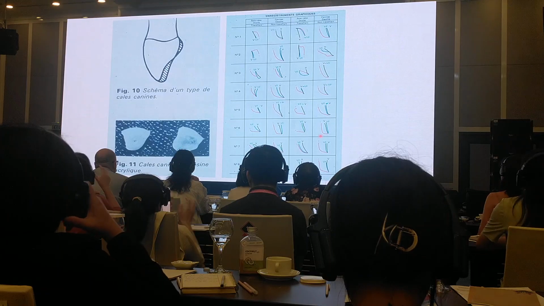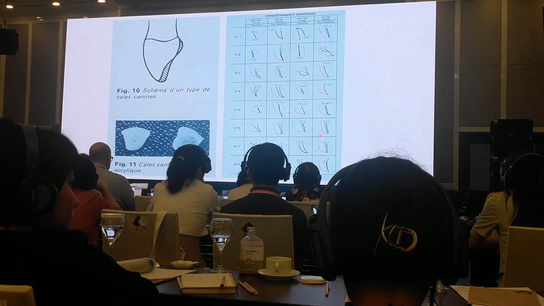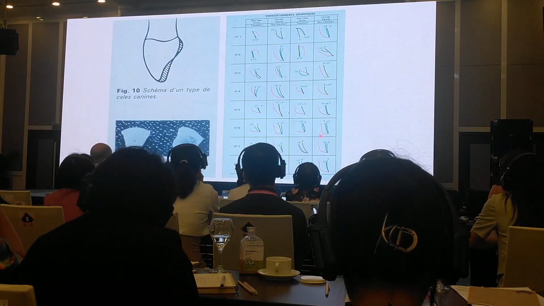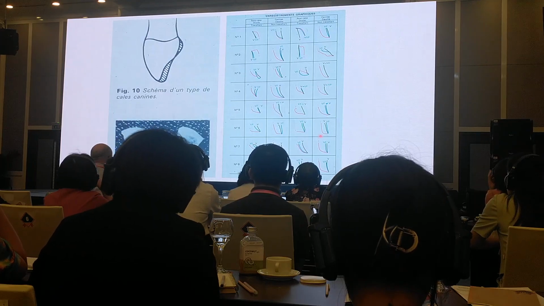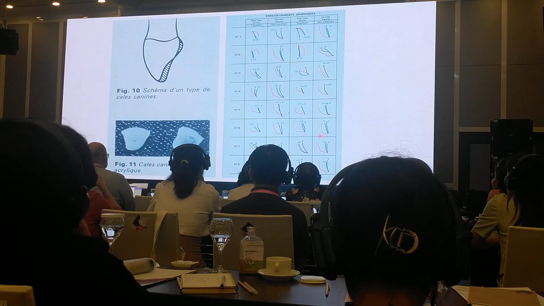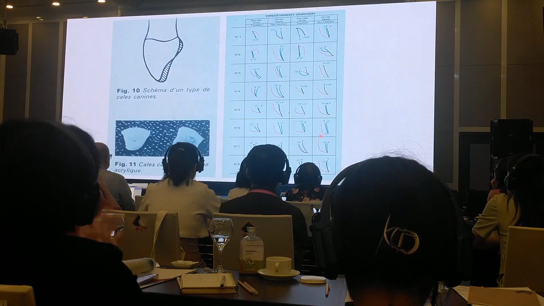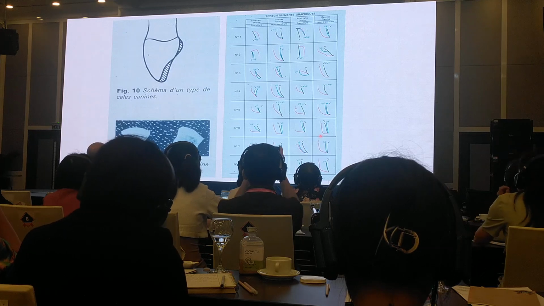If we put here or increase canine guidance inclination, or narrow the intercoronal opening space in the canine, see this red color: the condyle always moves with this kind of shift.